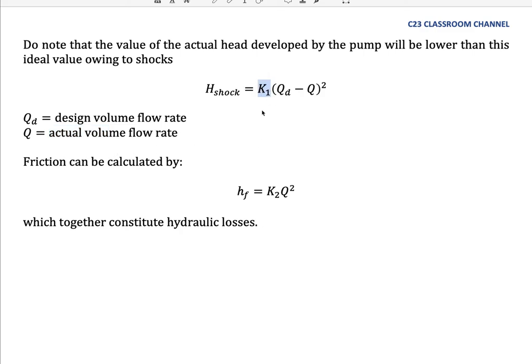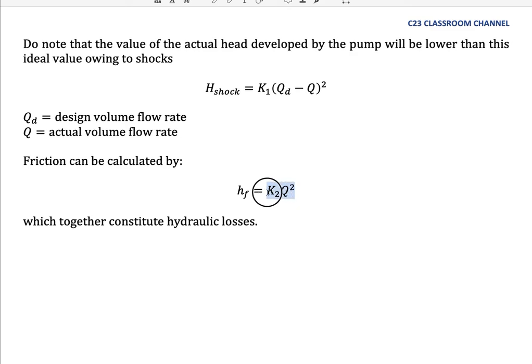K1 here is the resistance coefficient. Then we could simplify that shock here is actually friction, so we could write the head of friction is equal to K2Q square. So K2 here is the value of the friction coefficient.